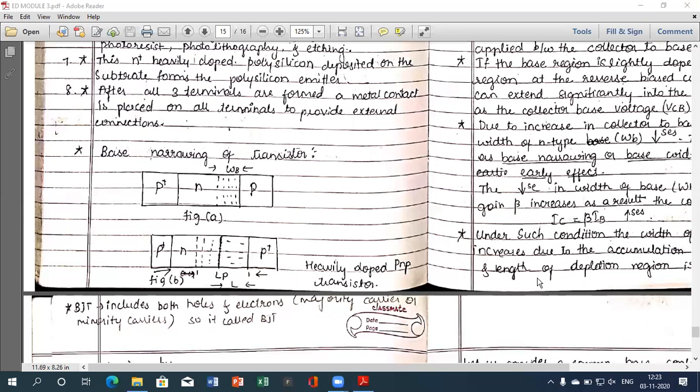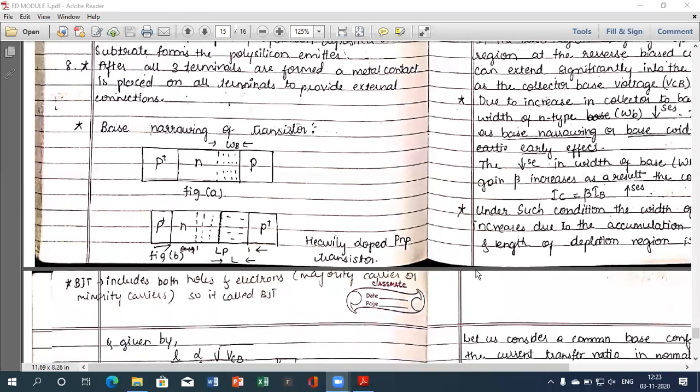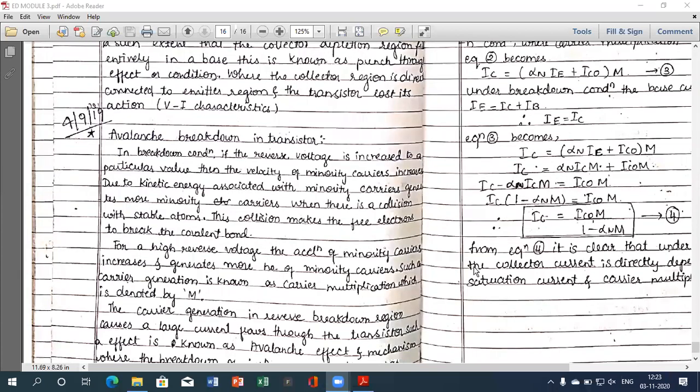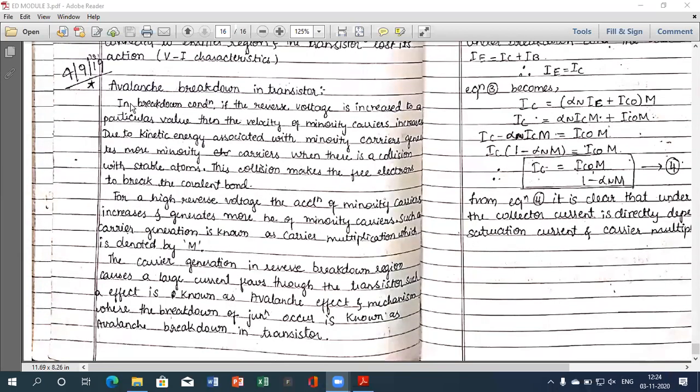Okay, so I hope everyone responded in the chat box. So now we will move on to the last topic of this module 3, that is avalanche breakdown in the transistor.